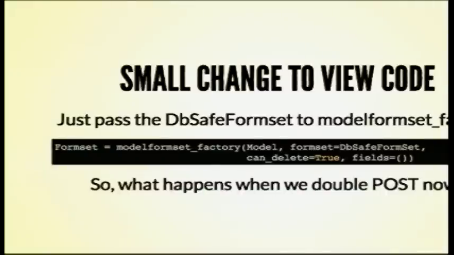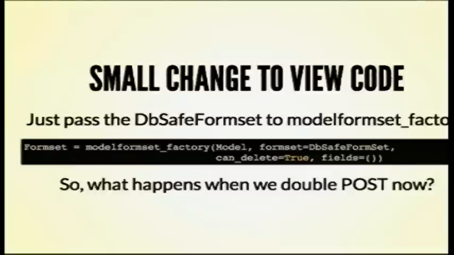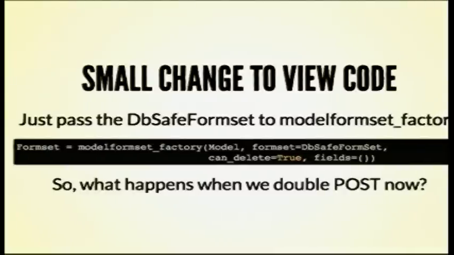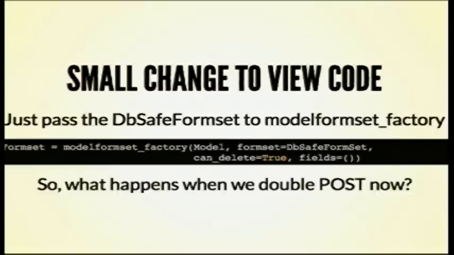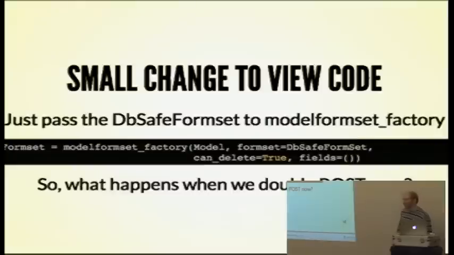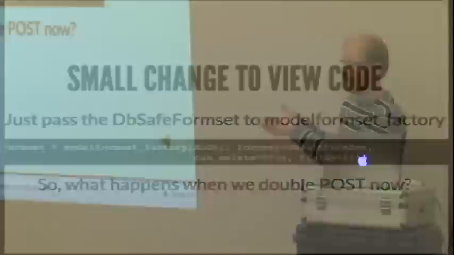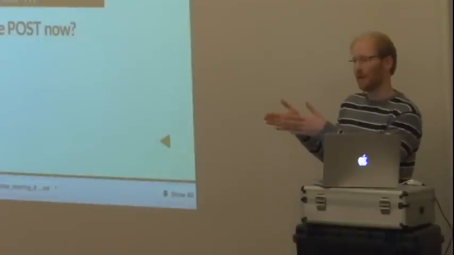Just to close the story on this, the same issue exists for inline form set factory. So this is all for model form set factory. Inline form set factory is slightly different in that you don't have to specify a query set for it to be over. For inline form set factory, you have the model that your form set is over, and you have a parent model that has a foreign key to it.